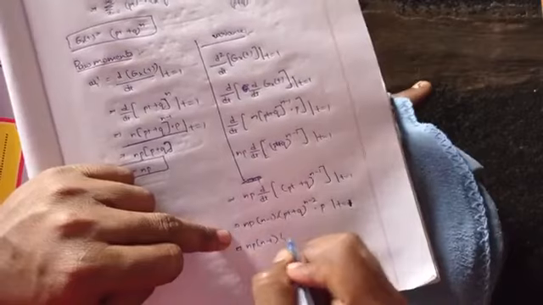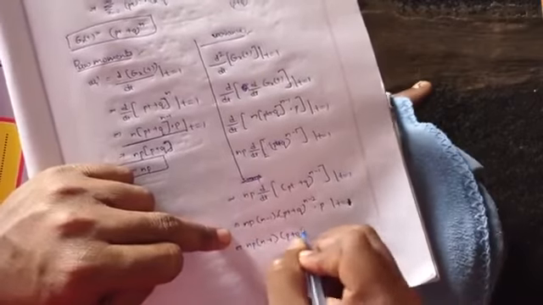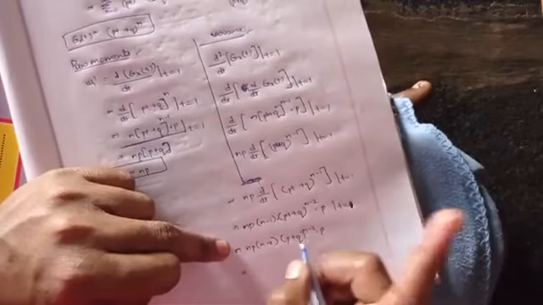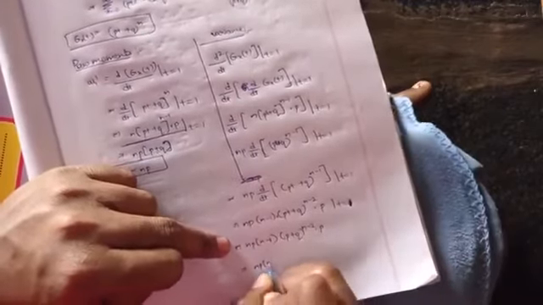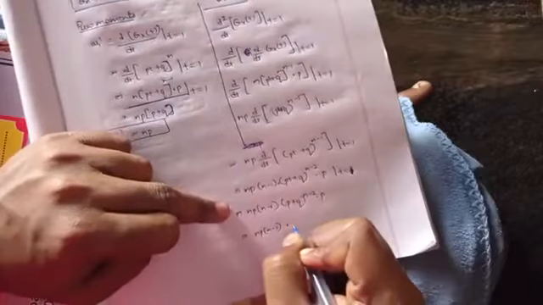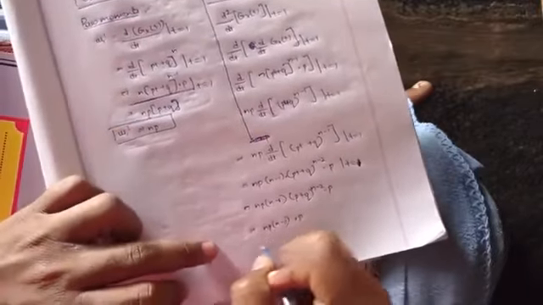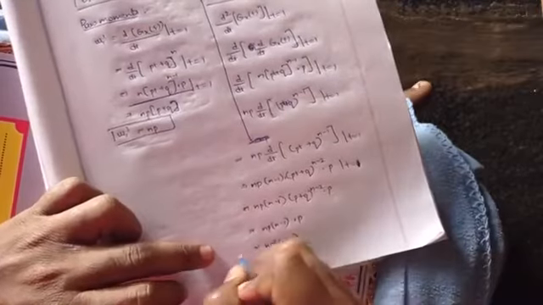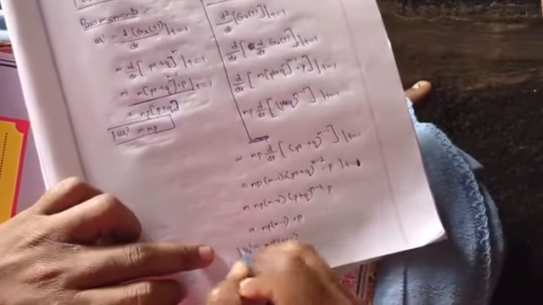We will get (p plus q) power n minus 2 into p. We know that p plus q is 1, so we get np of n minus 1 into p, which is np square of n minus 1. What is this? Mu 2 dash.